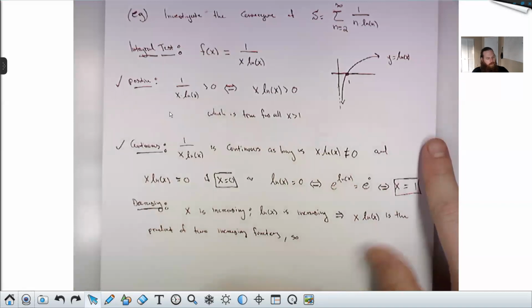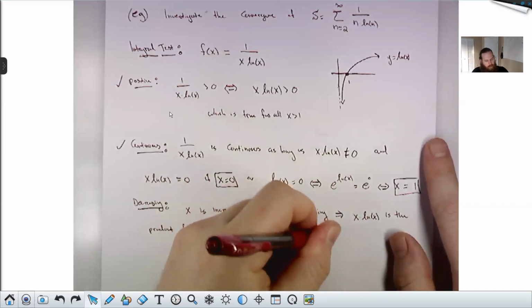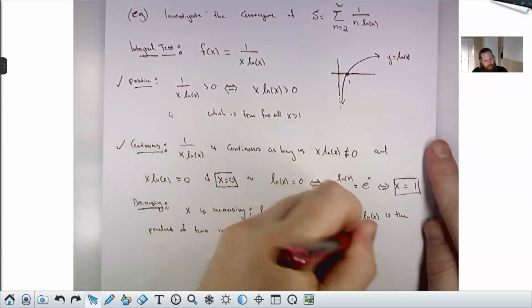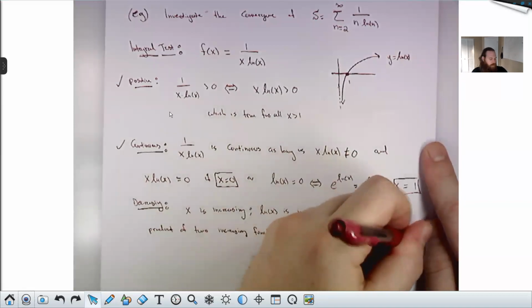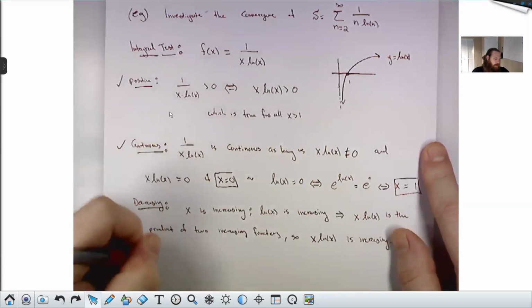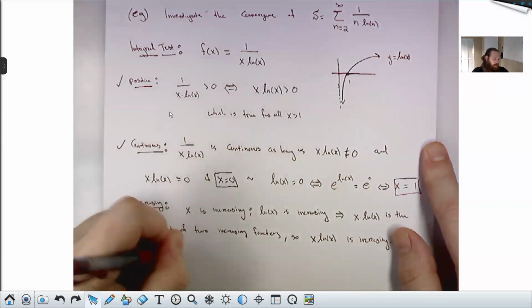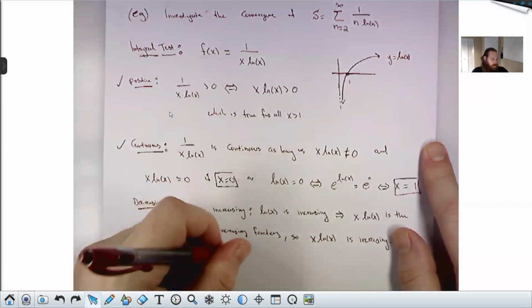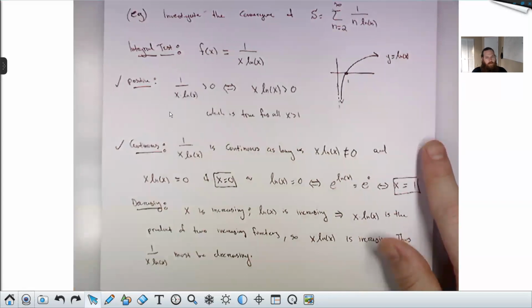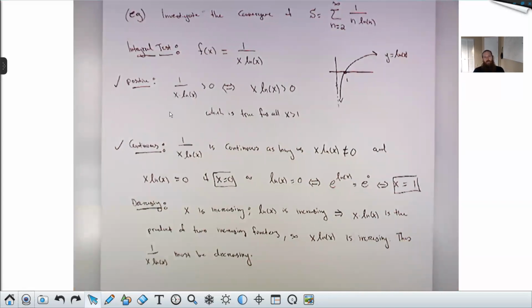So a product of two increasing functions must be increasing. So x ln x is increasing. Thus, 1 over x ln x must be decreasing. Love that trick. All right, so my function here, 1 over x times ln x, is the reciprocal of an increasing function. Therefore, it must be decreasing.